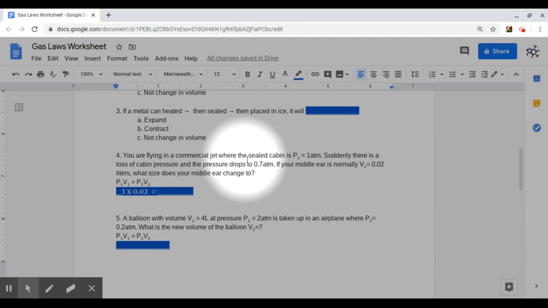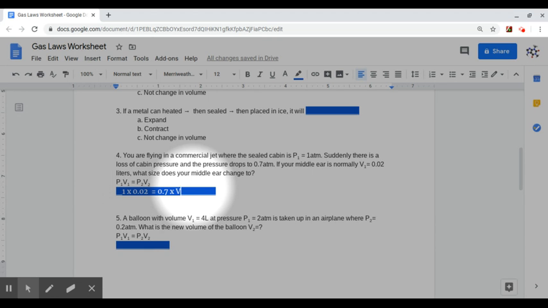The pressure dropped to 0.7 atmospheres, 0.7. What you don't know is what size the middle ear changes to, the new volume. So what you don't know is V. You don't have to put the multiplication symbol in. All you have to do then is the algebra and solve for V.